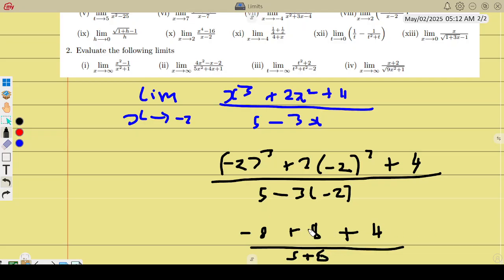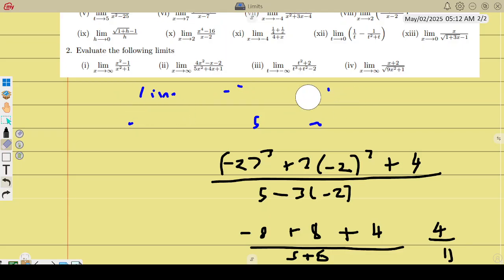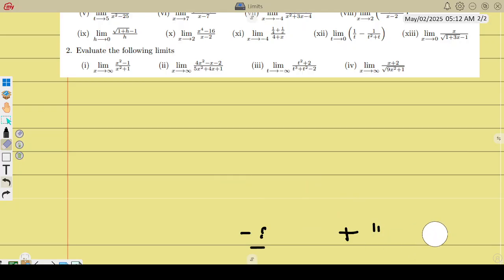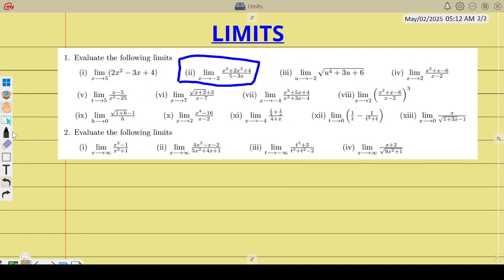So from here you can finish it up. These will cancel, 8 minus 8 is 0. We're going to have 4 over 11. So this is basically what you do. When you're told to evaluate a limit like this, you just have to substitute, and then you proceed.